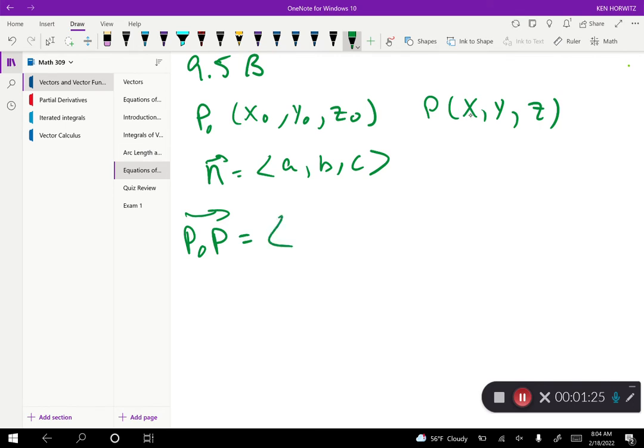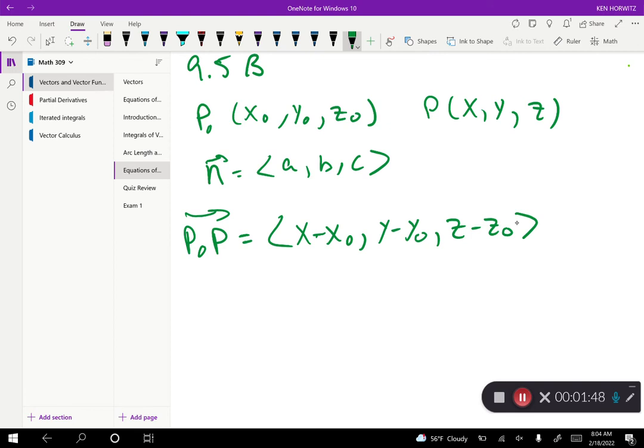So if my final point is X, my initial point is X naught, it's X minus X naught, Y minus Y naught, Z minus Z naught. So there is my vector in the plane.